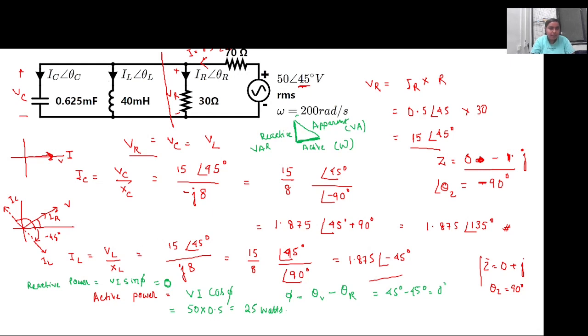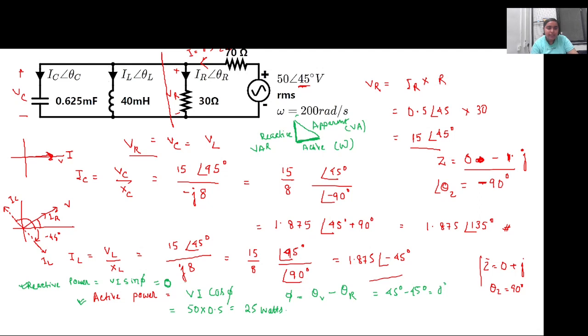This particular reactive and active power I have written in terms of the formula VI sin phi and VI cos phi, because just in case this is not a resonance circuit and you have an angle between the source current and the voltage, then you would have to use this formula, right?